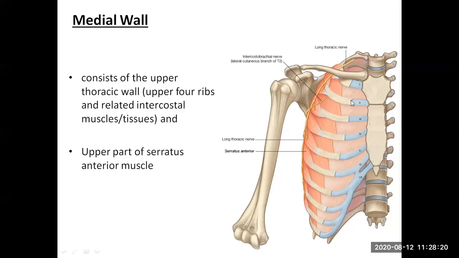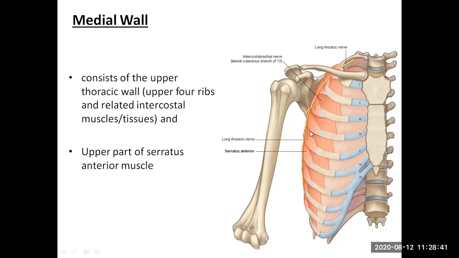The upper four ribs, first, second, third and fourth, and the intercostal spaces, with all the muscles present between them, form the medial wall of the axilla.